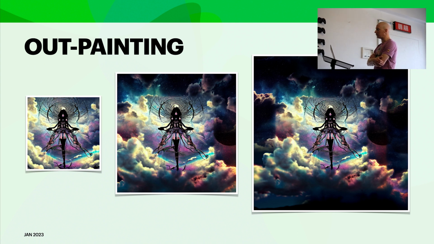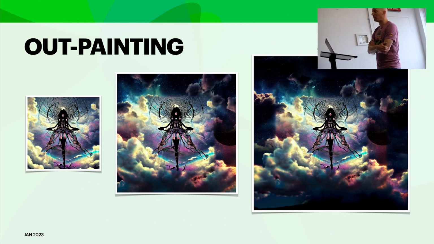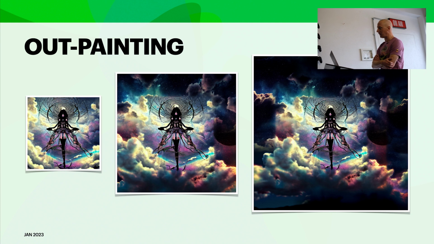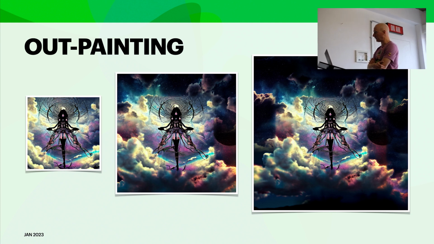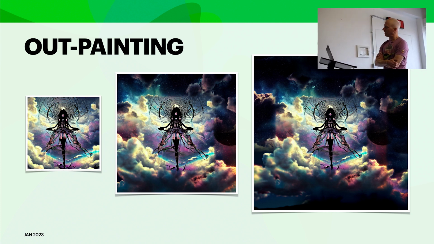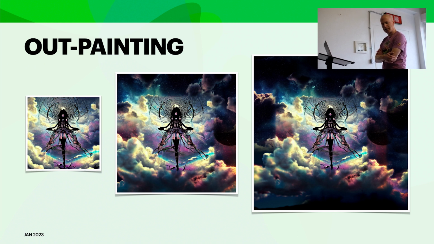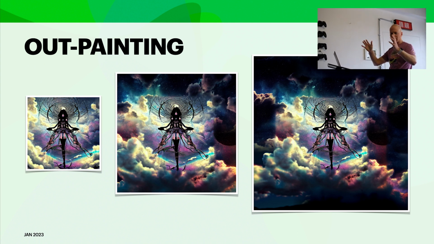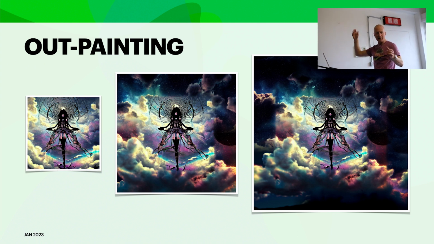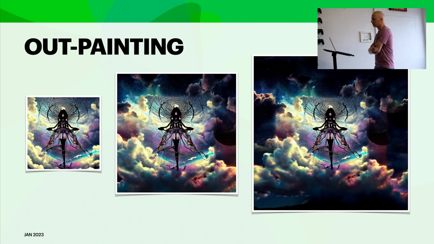But this one I couldn't actually get to work. The demo one that they provide is far better than all the ones I did, so that's why you're seeing this. But I've seen some other interesting ones where there was a picture of a lady in a street, and then they outpainted, and she wasn't in the street, she was in the middle of some amazing landscape, and it just kept drawing. Yeah, amazing.